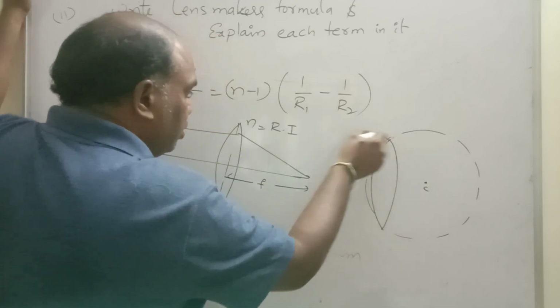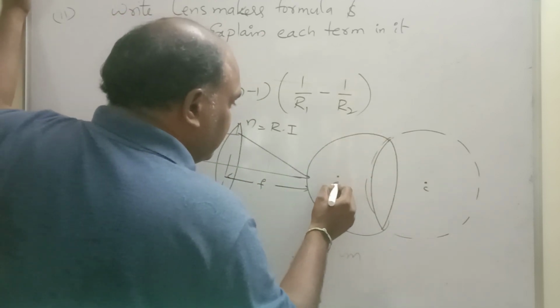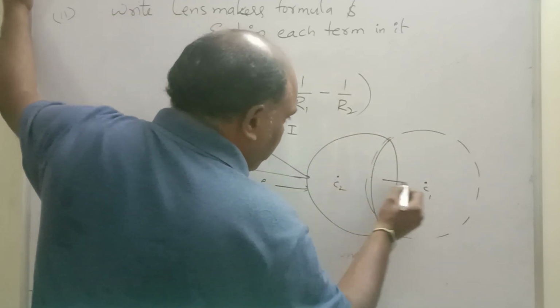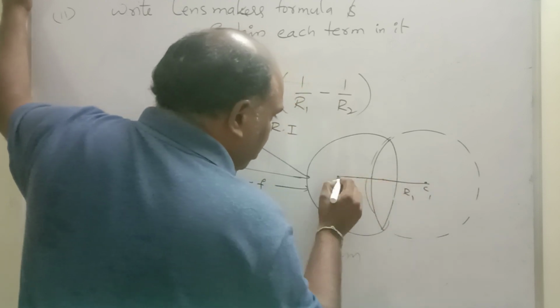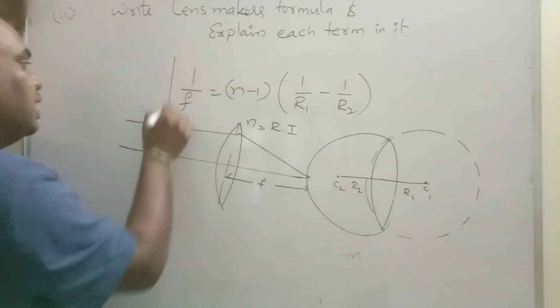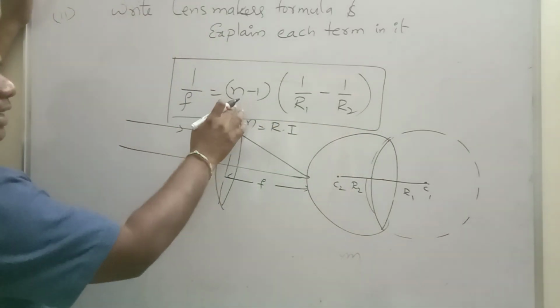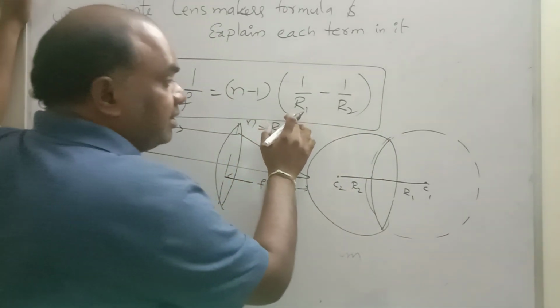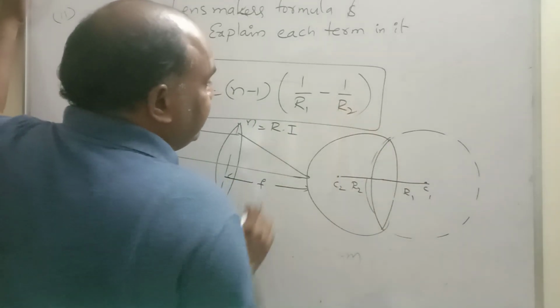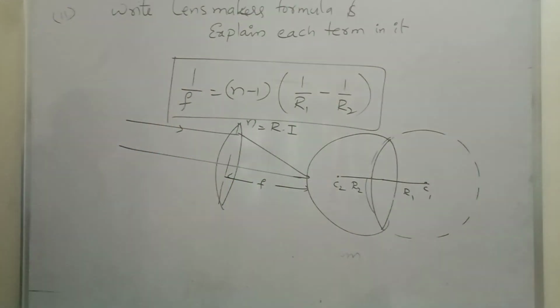R2 is the radius of the second curved surface, pole to center of curvature C2. That means this is the lens maker's formula. F is focal length, n is refractive index, r1 is radius of first curvature, r2 is radius of second curvature. Note down.